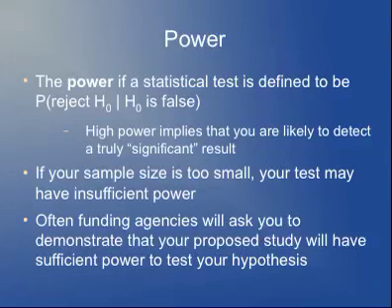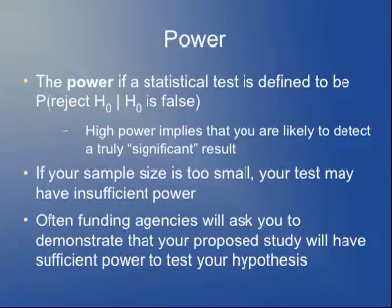So when we have high power, it implies that we are likely to detect a truly significant result. But if we have too small of a sample, our test might have insufficient power, so we won't actually reject the null hypothesis when it's actually false.